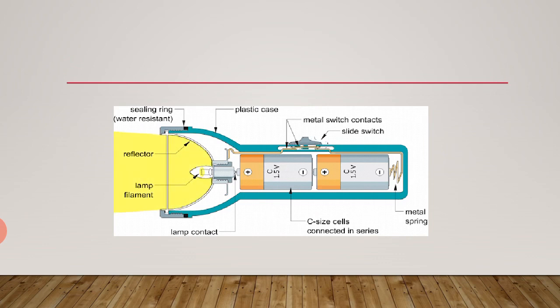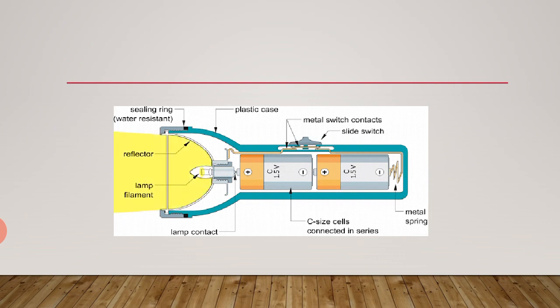See carefully. In the electric torch there are two dry cells, a switch and a lamp. Sliding the switch completes the circuit and allows the current to flow.